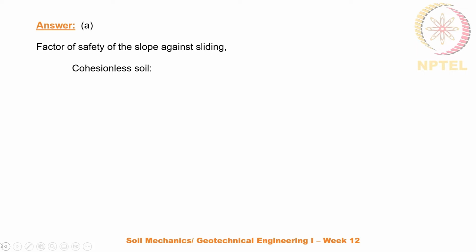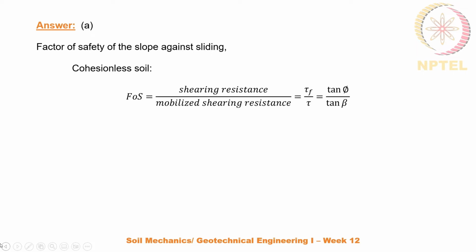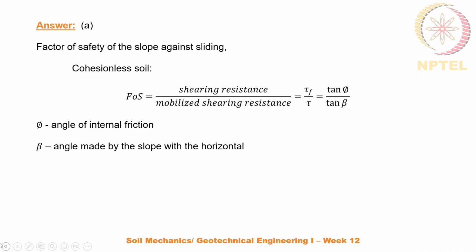So, first for the cohesionless soil, it is given by the general equation itself, that is shearing resistance by mobilized shearing resistance, which is equal to tau F by tau or tan phi by tan beta, where phi is the angle of internal friction and beta is the angle made by the slope with the horizontal. That is the magnitude of the slope. So, for a cohesionless soil, factor of safety is given by tau F by tau or tan phi by tan beta.